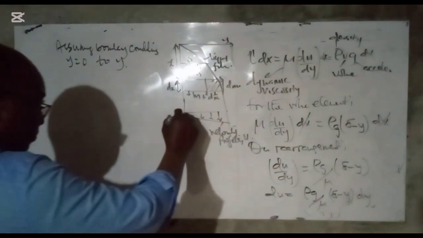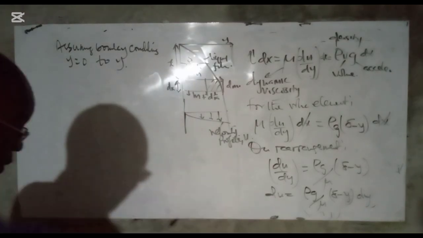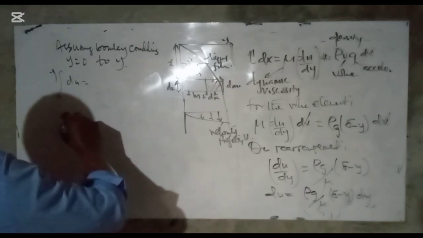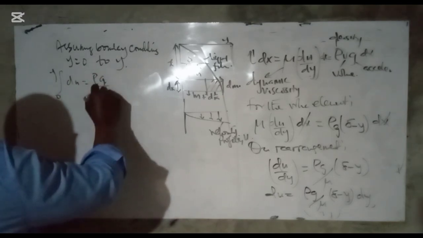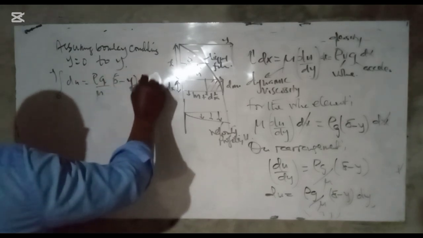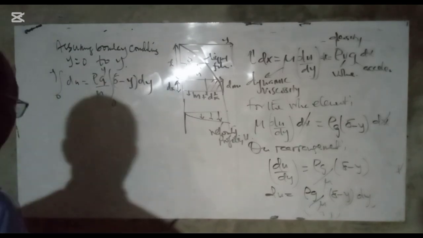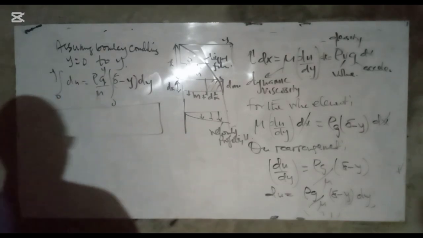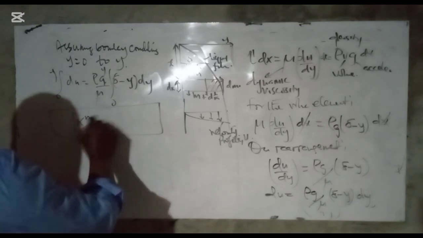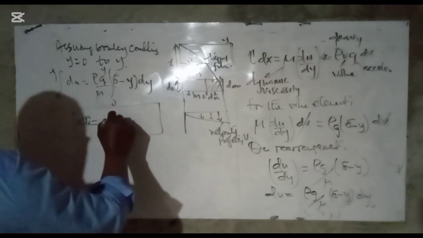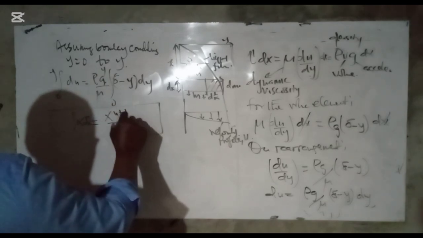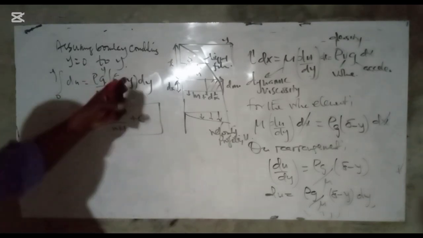Now, so what do we have? So the integral of du from 0 to y is equal to rho g over dynamic viscosity, integral of sigma dy from 0 to y. So we just use the simple integral calculus identity which we are used to, x to the n plus 1. See, so our life is easy.